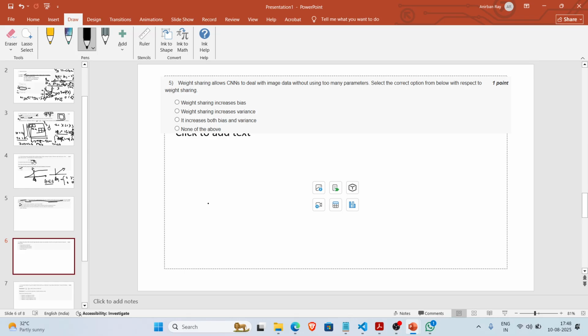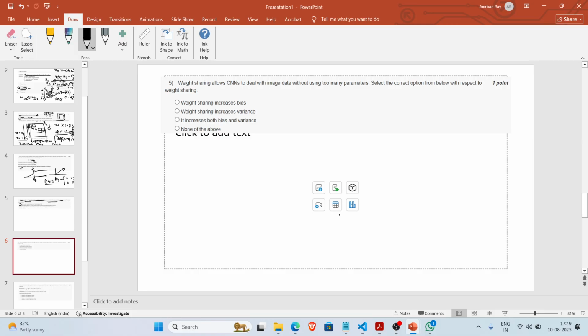So what happens with weight sharing? When you are using weight sharing, it means that you are reducing the number of weights. If the number of weights were more, then the model would have the chance to learn more information with those weights.